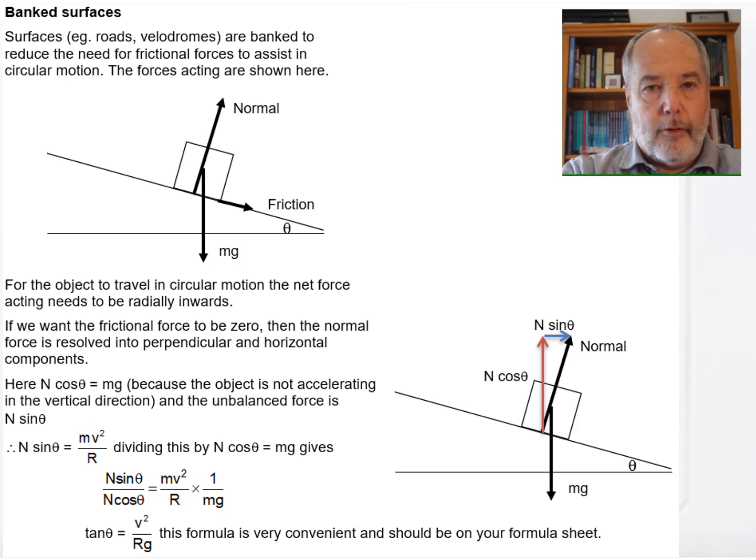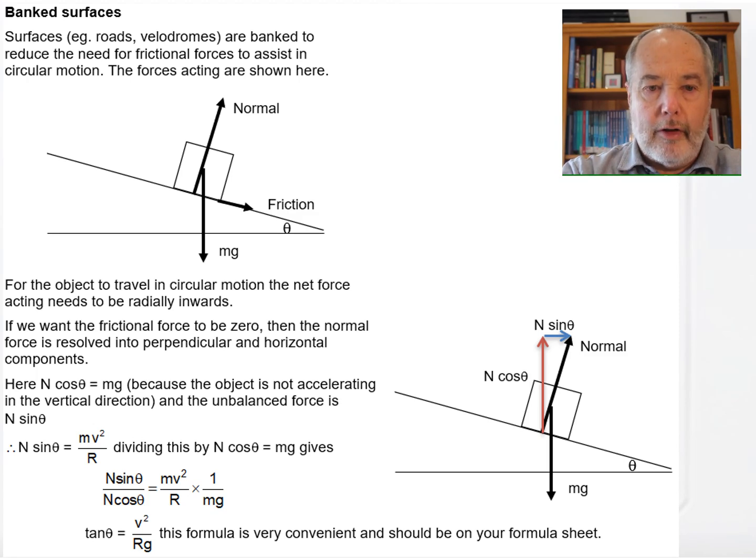The vertical component will be equal and opposite to the weight, and the horizontal component, n sine theta, is the unbalanced force, which is going to give rise to the net force, which is mv squared over r. We can actually use that the normal force, n cos theta, is equal to mg, and that mv squared over r is equal to n sine theta.